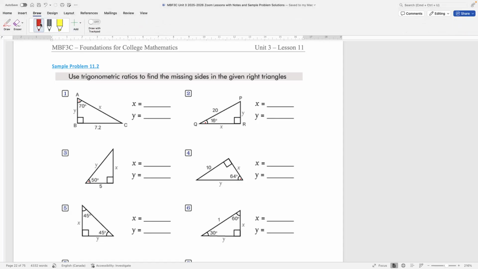So now what I need to do is label the parts. Opposite of the right angle, this one right here, is the hypotenuse. H, and we just use three letters, hyp. The side opposite 70 degrees, opposite of that angle, is the opposite side.